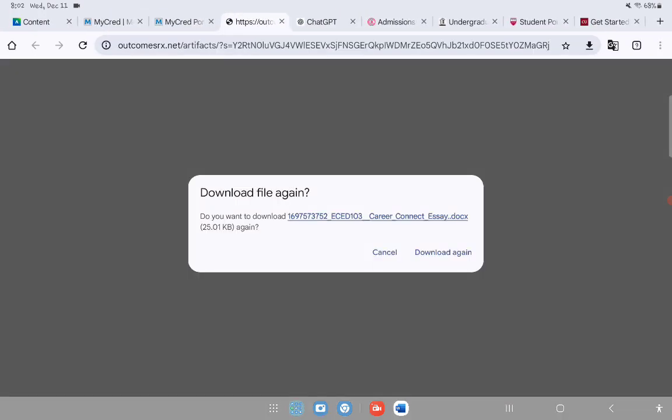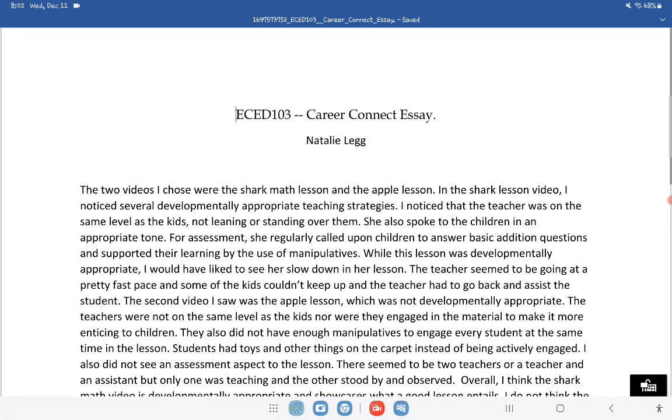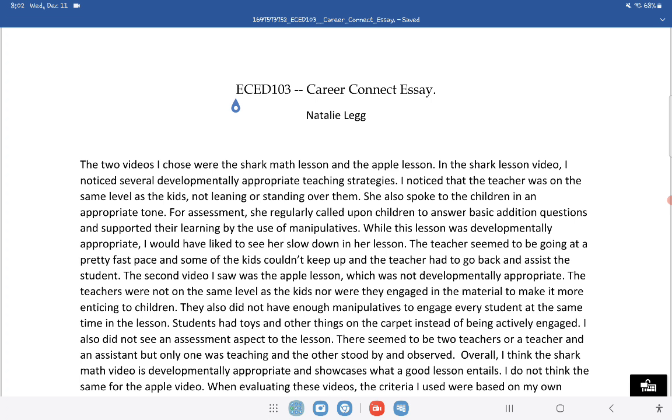So my first portfolio project is ECED 103, and it's a Career Connect essay. This particular portfolio project met the institutional guidelines of designing, executing, and assessing meaningful, challenging curricula that promote comprehensive child development and learning outcomes for every child.